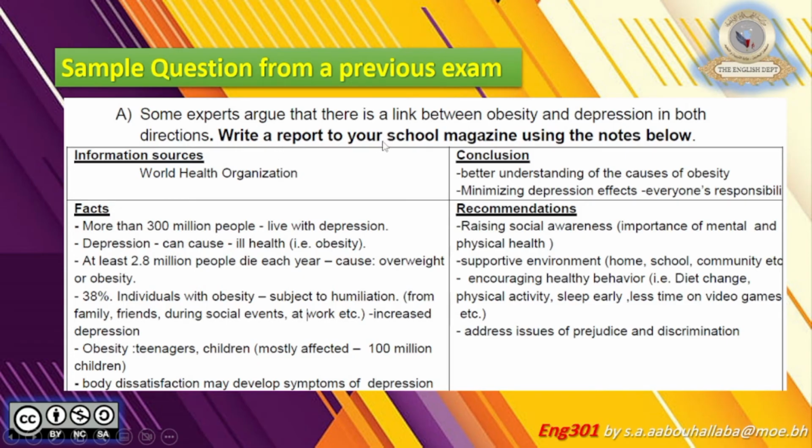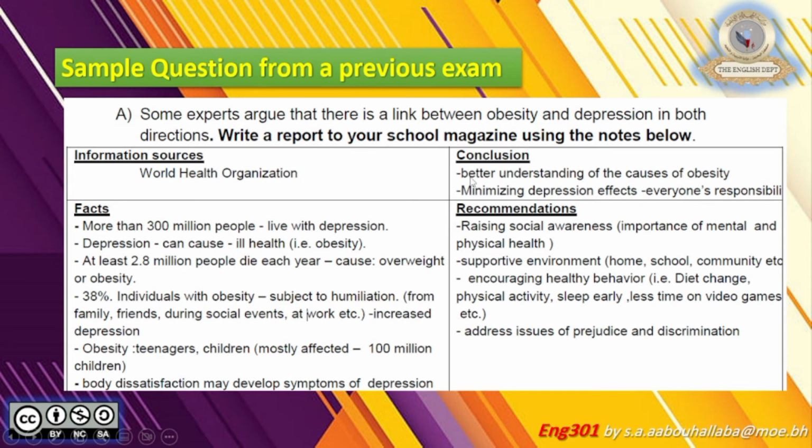Write a report to your school magazine using the notes below. So you are going to write the report to your school magazine, and where are you going to get the information you need about obesity and depression? Here you have the information required. You have the information sources, that is the World Health Organization, the WHO, and here you have the facts, a list of facts.